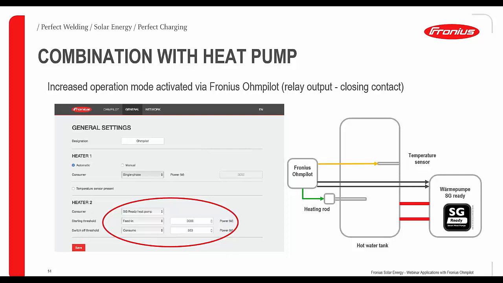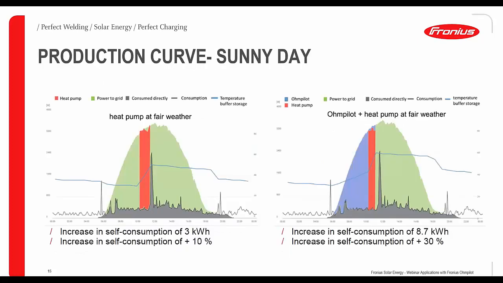In the next graphic, of course, we can see the production curve again. Left-sided, we have this daily production curve with a heat pump at fair weather. Now it's turned on during the day, so that we can use the surplus energy. And we can see that we have an increased self-consumption of about 10%.